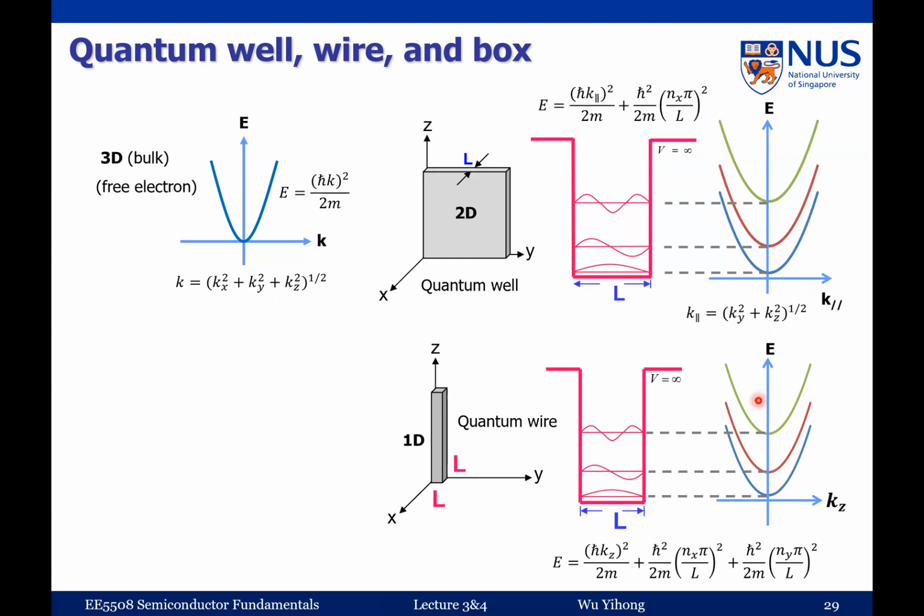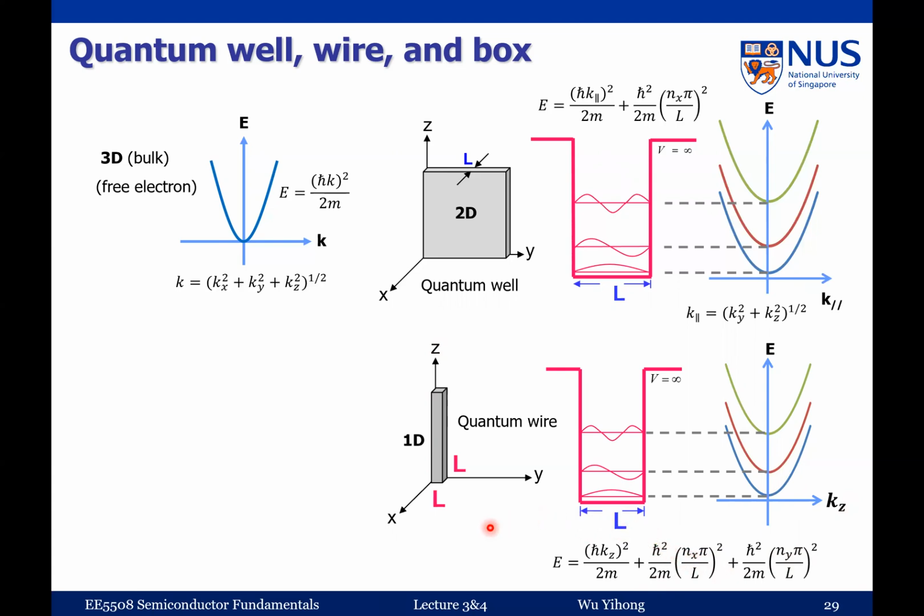This dispersion is the relation between energy and the kz vector, which is the wave vector in the z direction, because this is the only direction in which the electron can move. The minimum of each subband is now specified by two integers, so we have two indices.